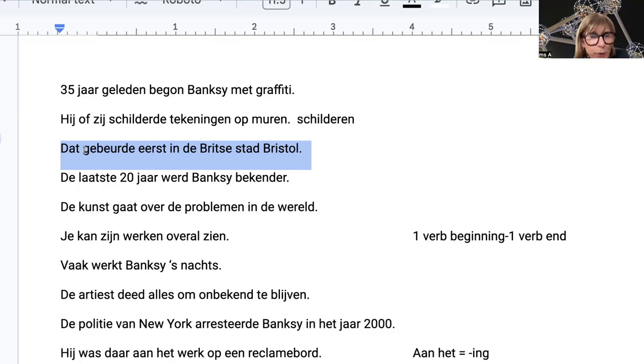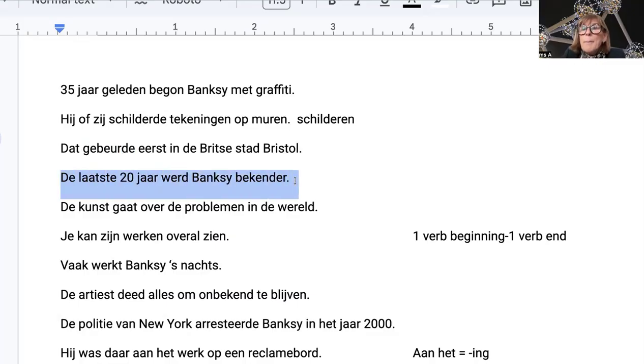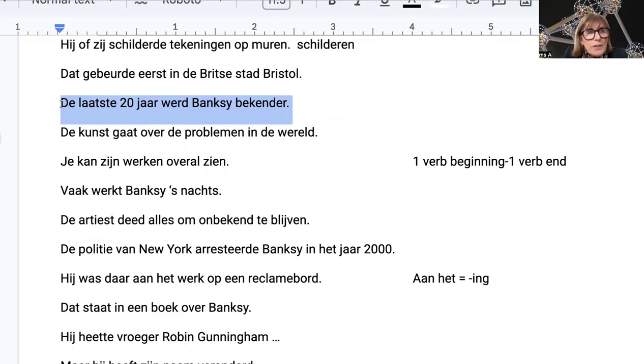And you see, gebeurde, it's again a simple past. Schilderde, you see, same way to make the simple past, right? De laatste 20 jaar werd Banksy bekender. So the last 20 years, and again we swapped subject and verb, Banksy became more known.